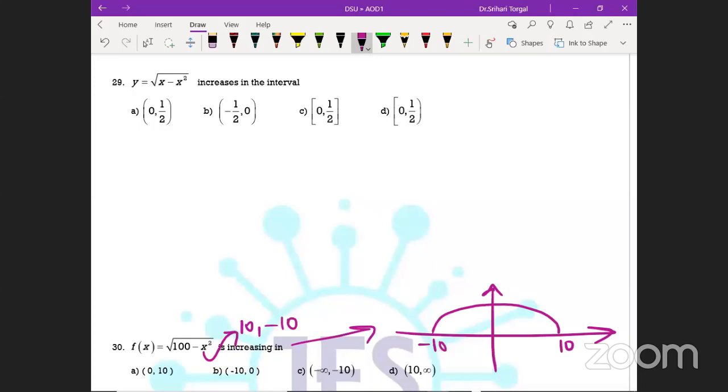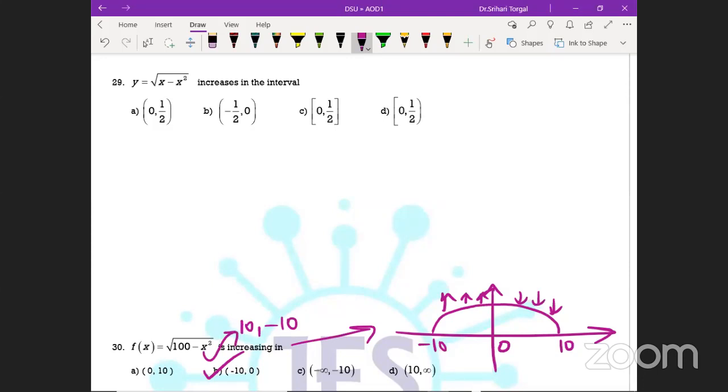And it is increasing in minus 10 to 0. Minus 10 to 0 is the answer. This is increasing. This is decreasing, right? Option, minus 10 to 0 is increasing.